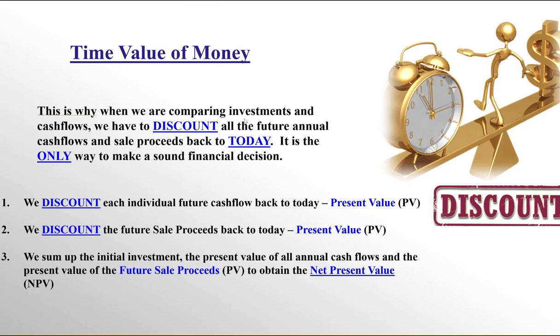Why do we use a discount rate? It is because when you hold a property for, let's say, 5 years, and you sell it at the end of 5 years, the money that you get 5 years into the future has to be discounted back to the present or to today in order to be able to compare things apples and apples. And all your cash flows must be brought back to today's dollars. The cash flow that you get in year 1, in year 2, year 3, year 4, or year 5, that's 5 years into the future.